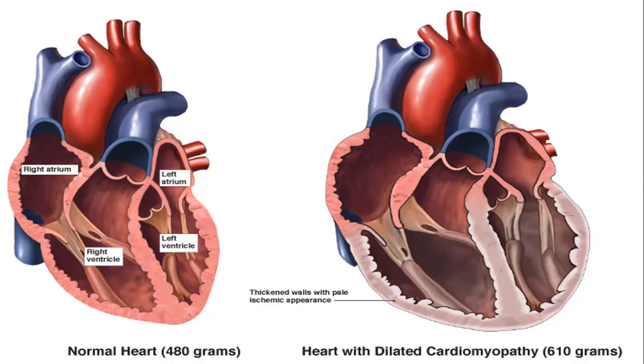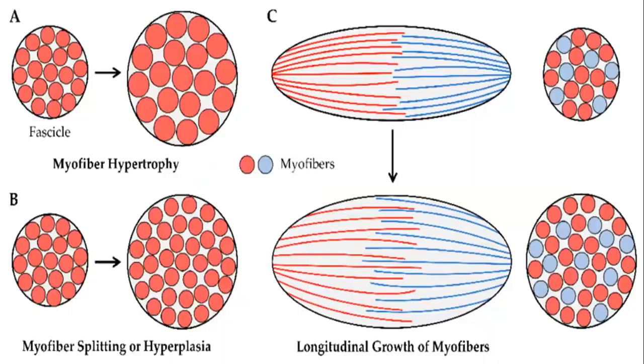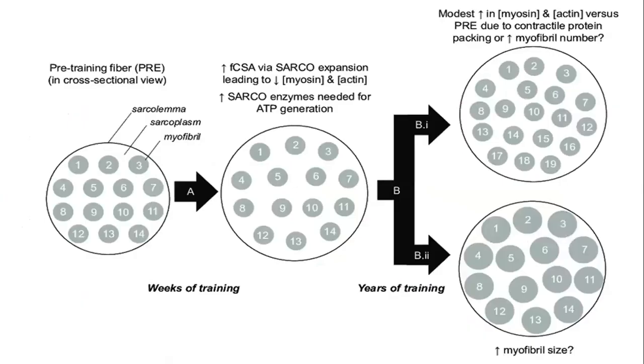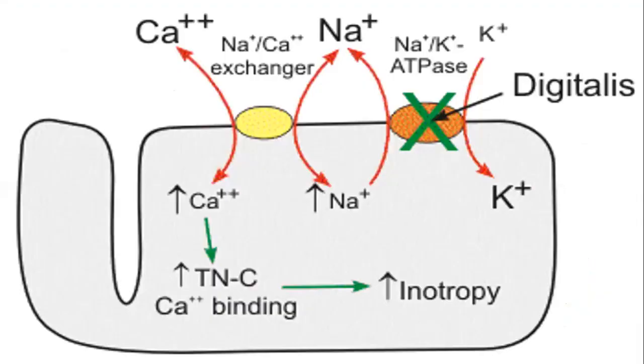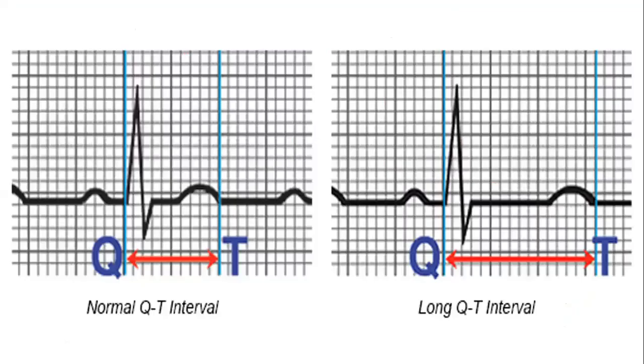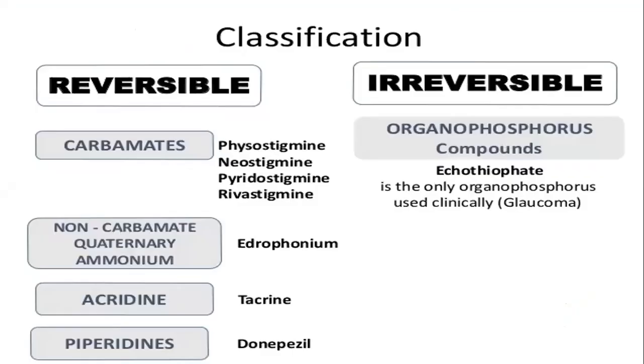So we have learned about some types of cardiac myopathies: cardiac hypertrophy, muscle fiber hypertrophy, hyperplasia. We have learned about the drug digitalis. We have seen the images of normal QT interval and the long QT interval.